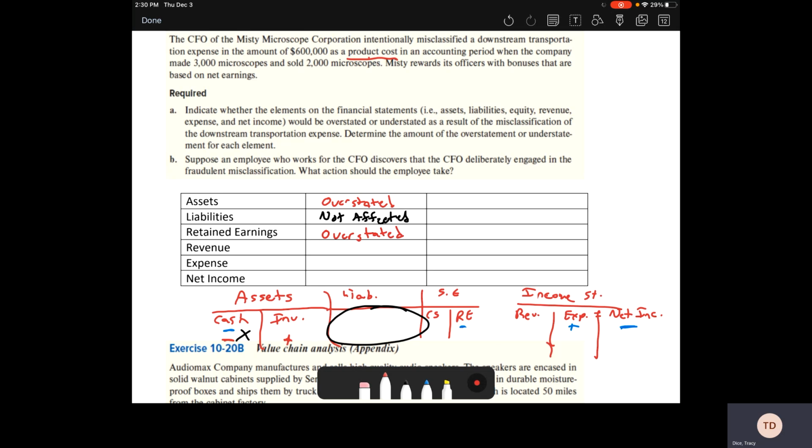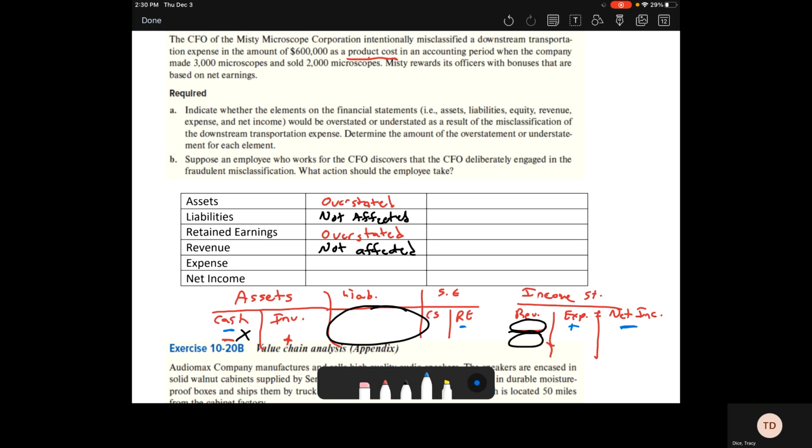My revenue, if we look, nothing happened to revenue before, nothing happened to revenue after, so our revenue is not affected. When we look at our expenses, before we had an increase to expenses, but now nothing happens there.